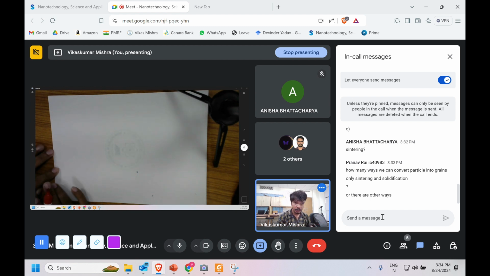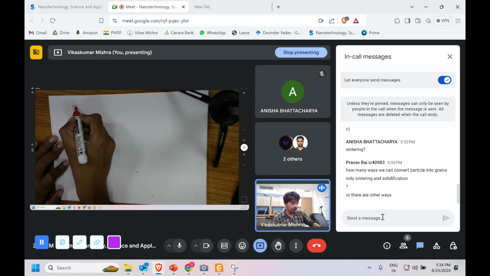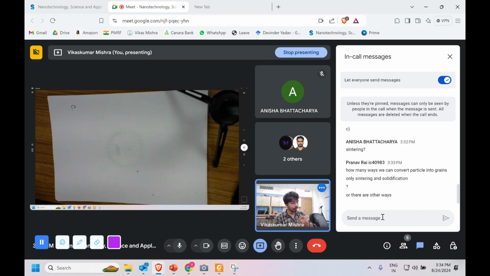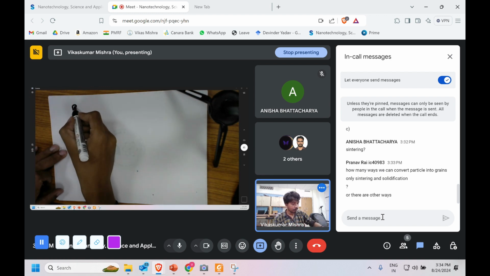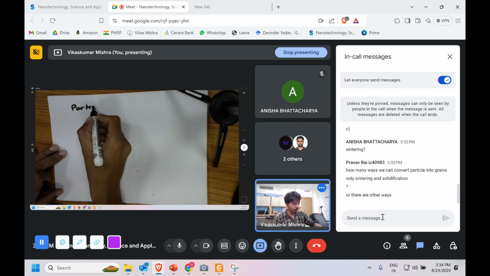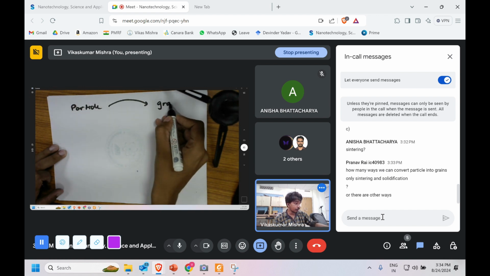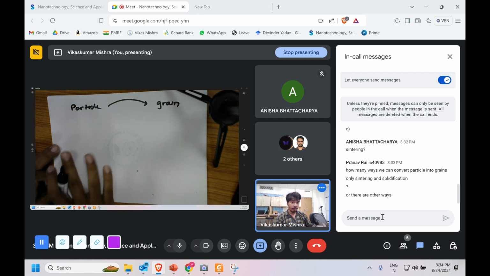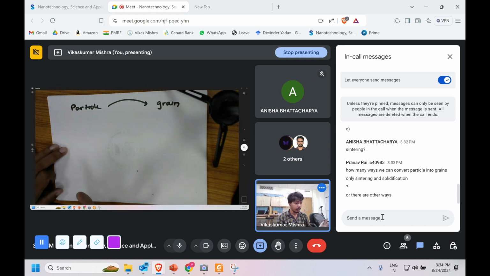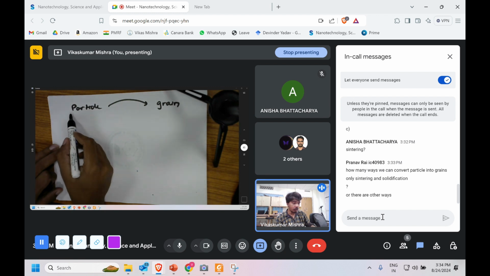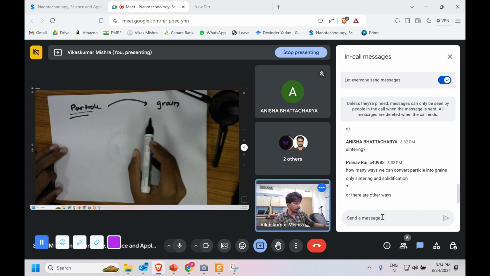Okay, let's say this. We are having the particle, and we want to convert it to the grain. We want to increase its size. So we are going from bottom to top.